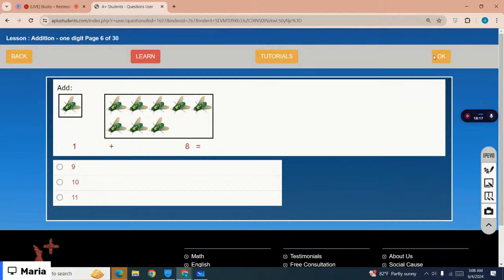Add 9 plus 1, which is the correct option? The correct option is 8 plus 1 equals 9. So altogether they are 9.